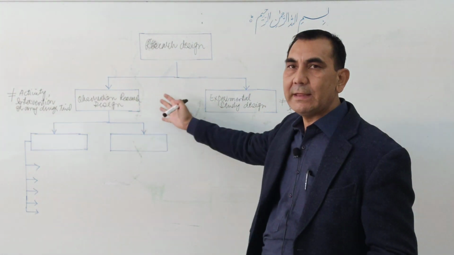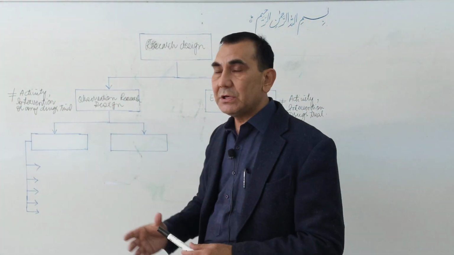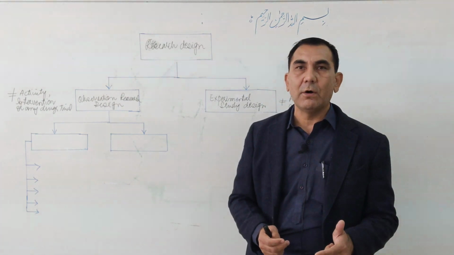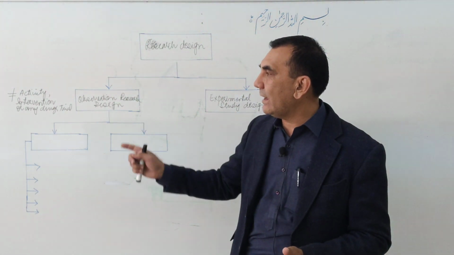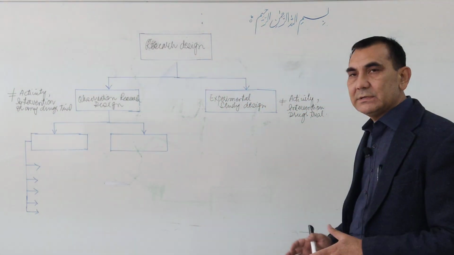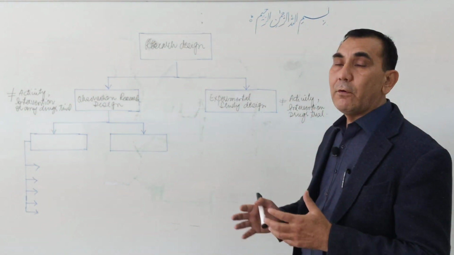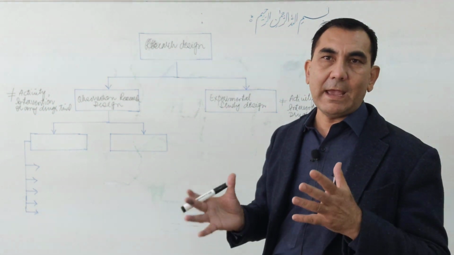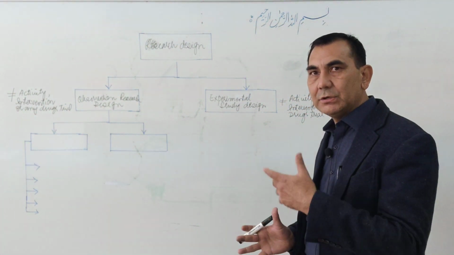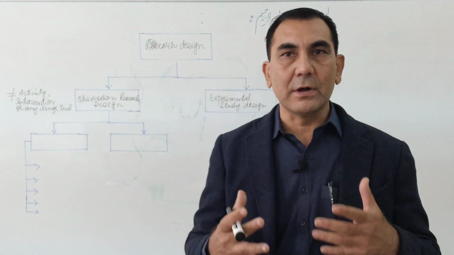The observational study design is conducted in the natural setting without any activity, intervention, or drug trial. In the experimental study design, the researcher performs any activity or intervention, either medical, surgical or nursing, or conducts a drug trial.